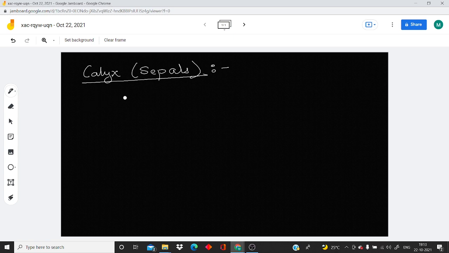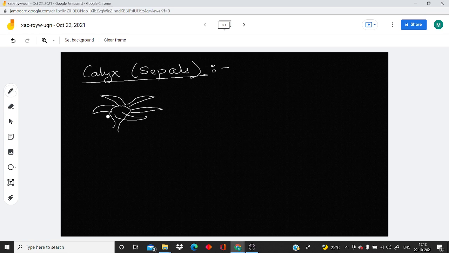Suppose these are the calyx, let's first draw a thalamus and then I can draw the sepals. So if the sepals are like this, these are the sepals all around.